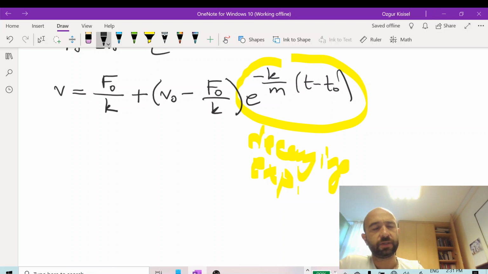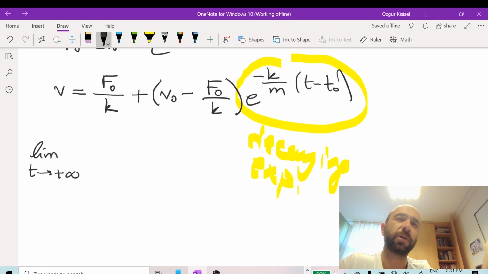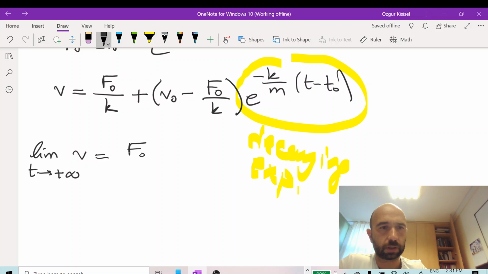Okay, this tells us something. If I take t all the way to plus infinity, and I want to know what happens after a long time, this decaying exponential part will go to 0. Therefore, you'll be only left with F0 over k.